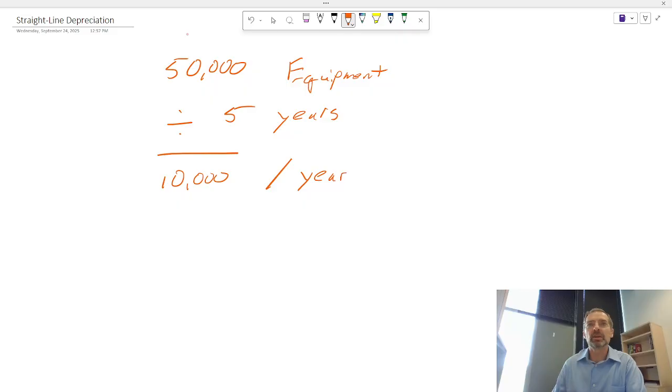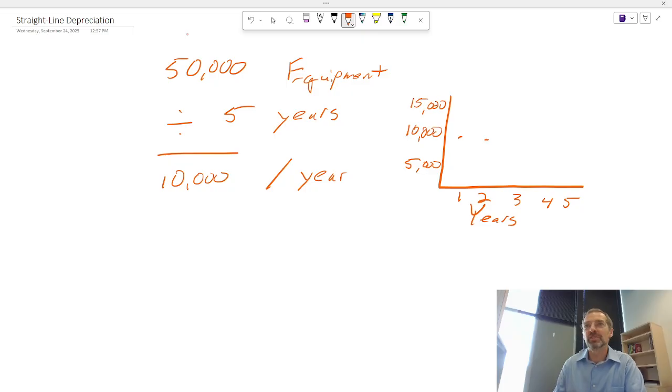And it's called straight line because if we graph this out and we have years down here, so this is year 1, year 2, year 3, year 4, year 5, and we say here is the amount of depreciation, each year is going to be exactly the same, so it makes a straight line. So that is why it is called straight line depreciation.